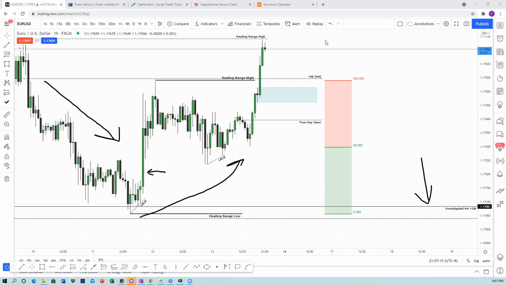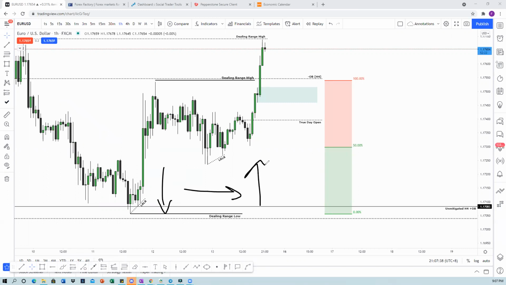If you understand PD arrays, you understand what the current order flow is. Looking at this unmitigated, now mitigated, 4-hour order block, when we see this reaction, we know it was a switch in order flow, from bearish to bullish.